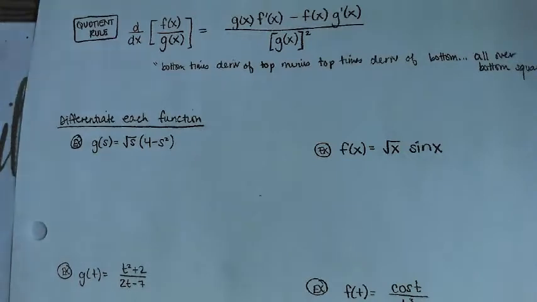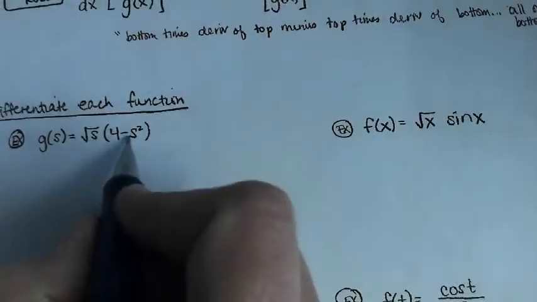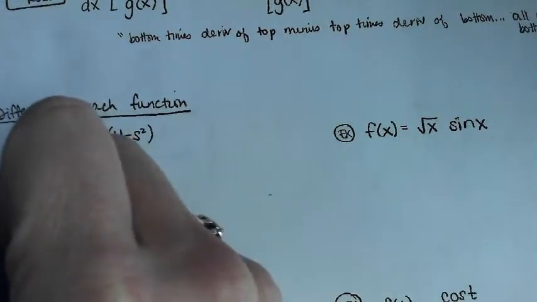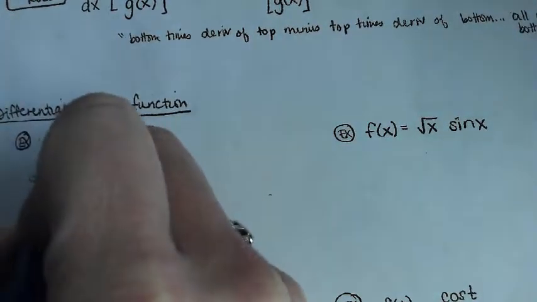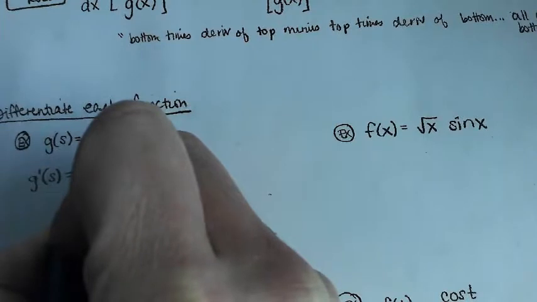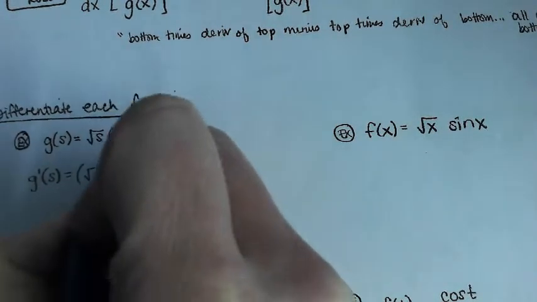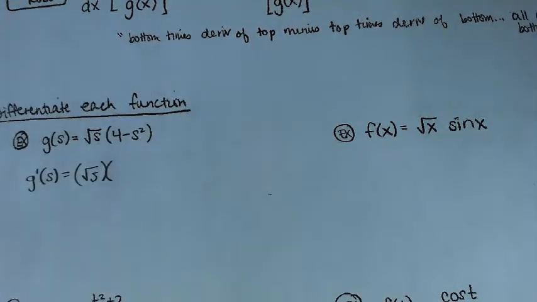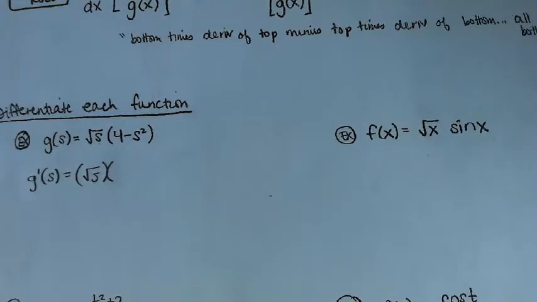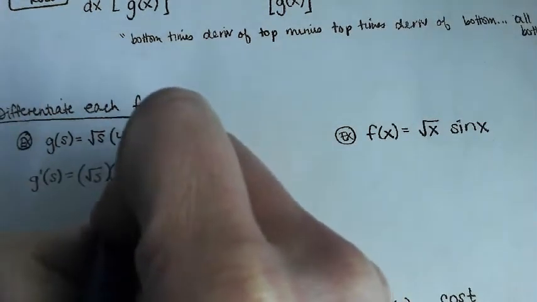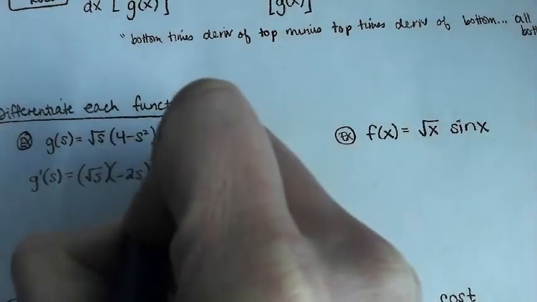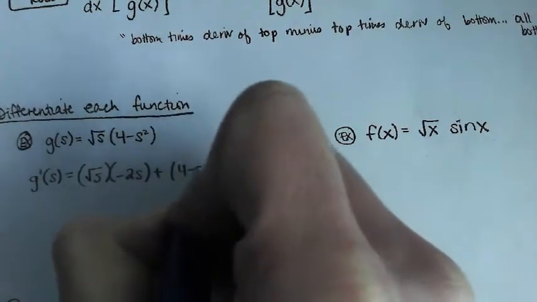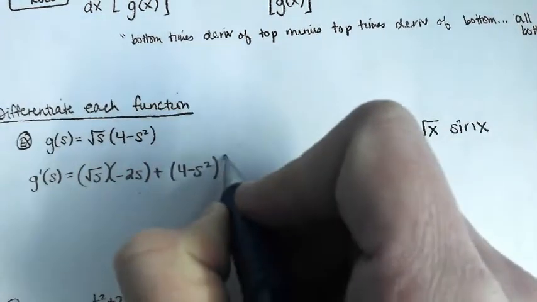So here we go. For this g of s, this is the product, so we would do g prime of s equals the first, root s, times the derivative of the second, which is what? Negative 2s. Plus the second times the derivative of the first.